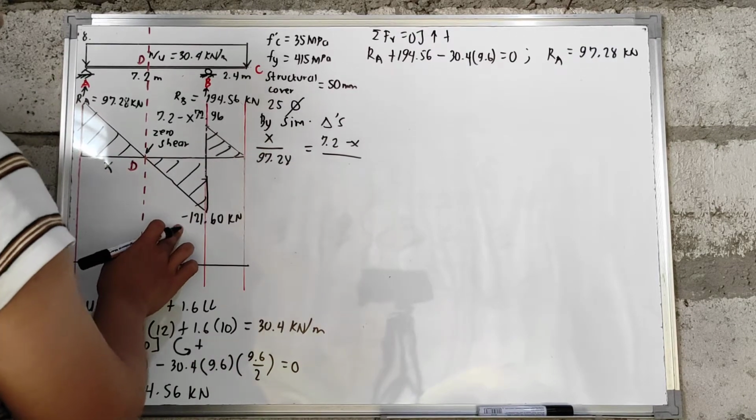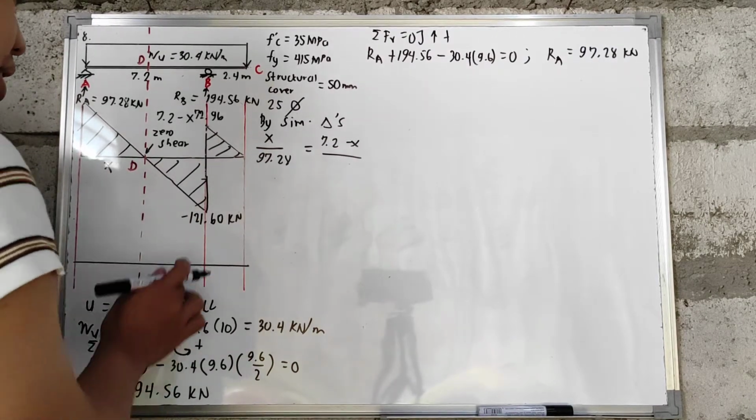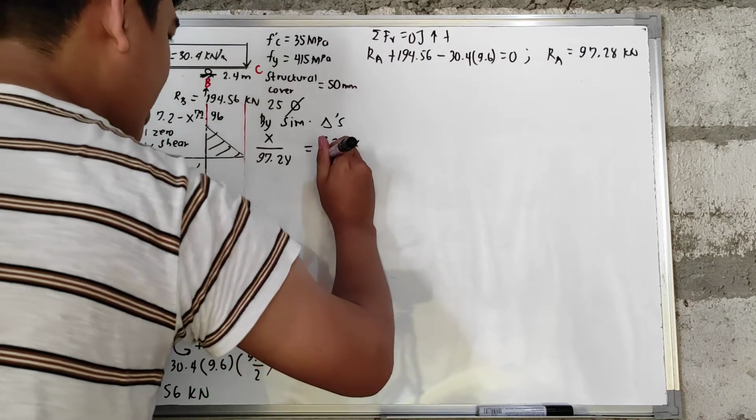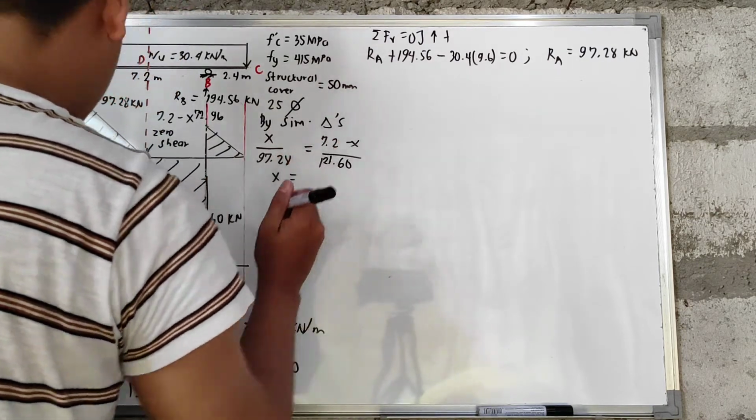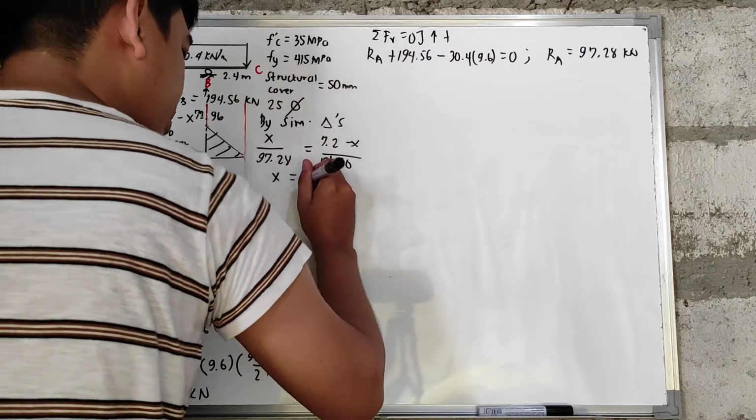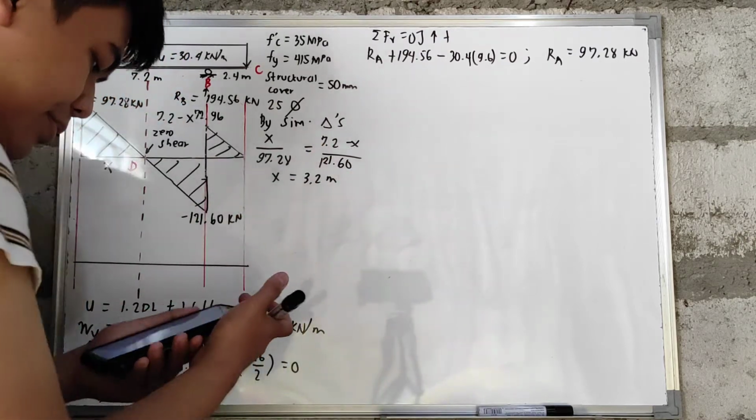Despite kung negative yan, kasi kukunin lang naman natin is distance, kaya na-neglect natin yung negative sign. By shift solve, the value of your X is equals to 3.2 meter.